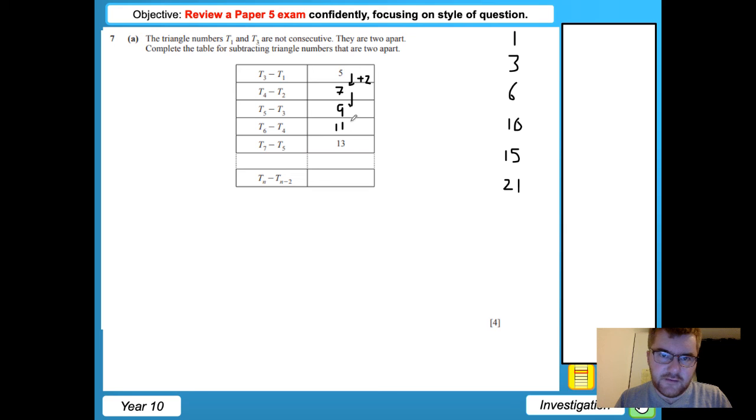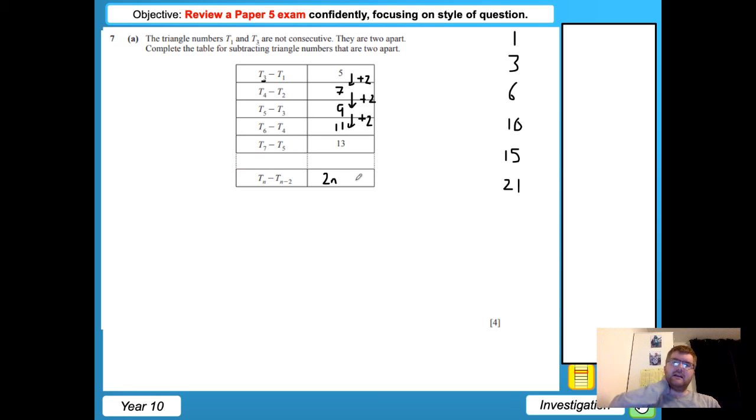That's why we have to be a little bit careful with our part at the bottom. Because notice we do not start at T1, we actually start at T3. So we're going up in 2s, so we can write 2n, back to our normal nth term.